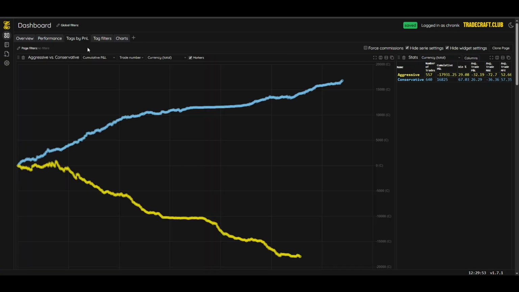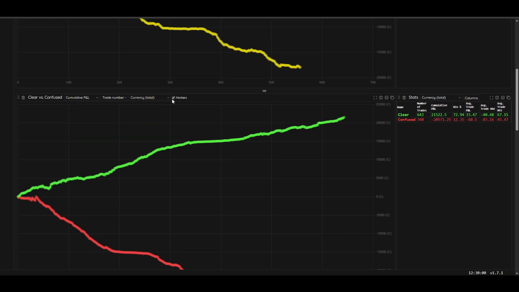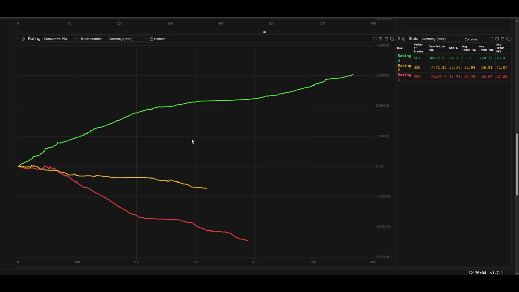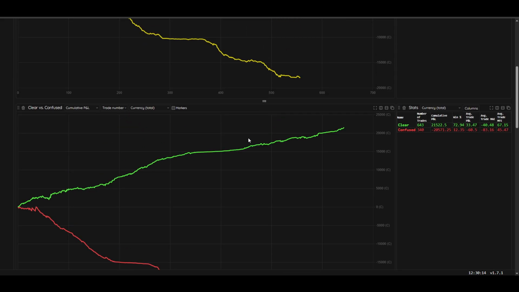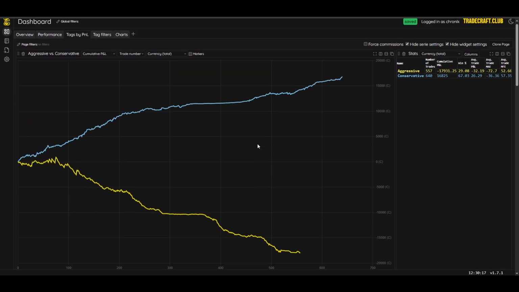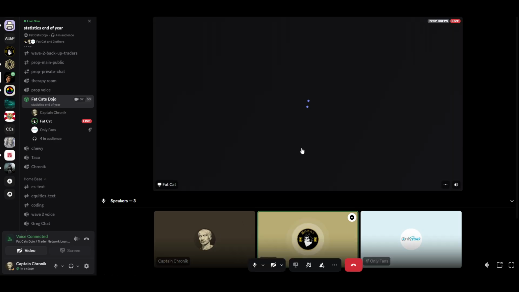What is all in here? There's a lot of these little tabs where I experiment.